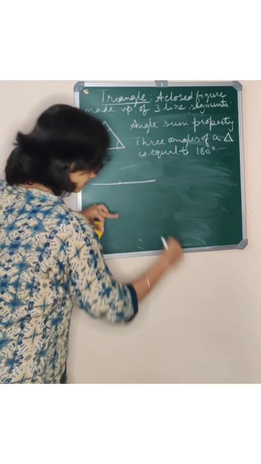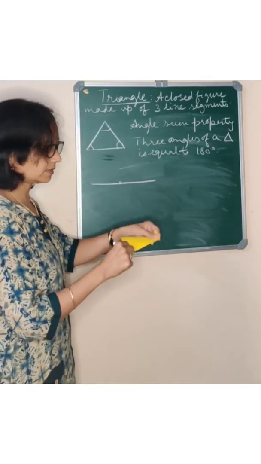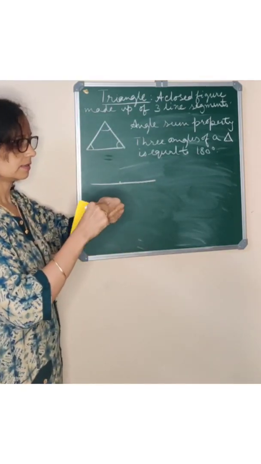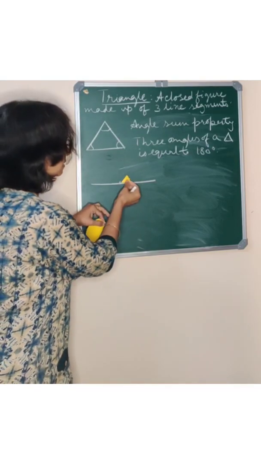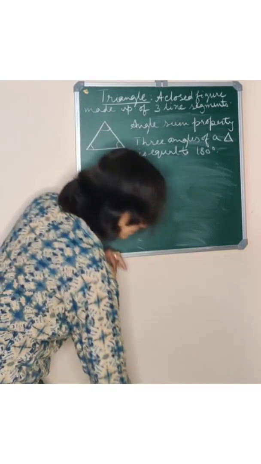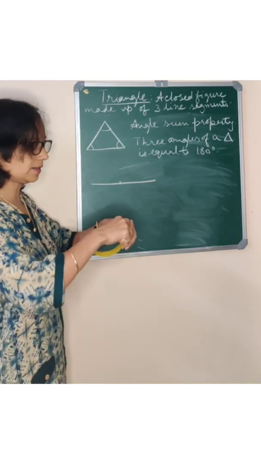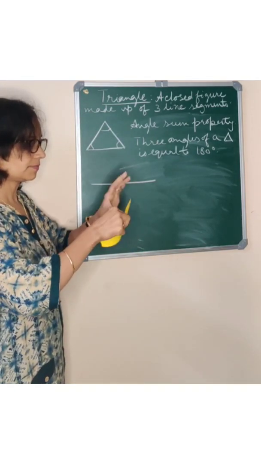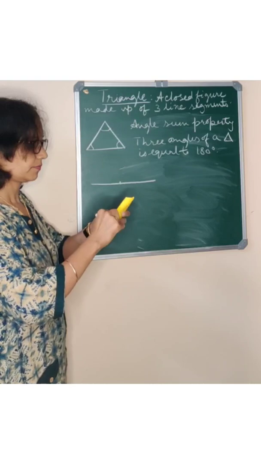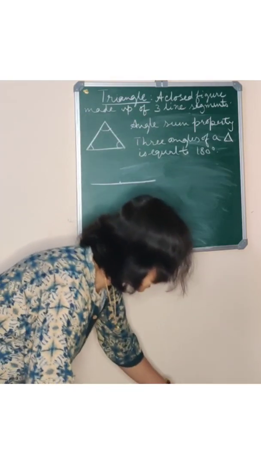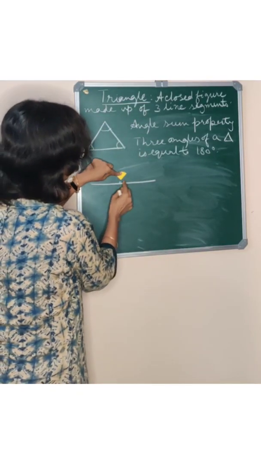Next I will tear the next angle and I will place it on the other side. And next I will tear this angle and place it in the center. Now I will show you how it happens.